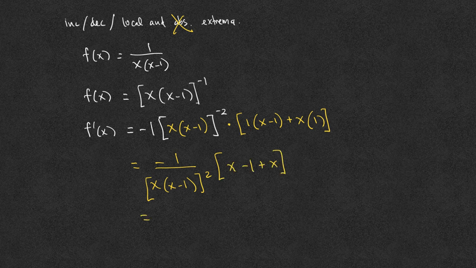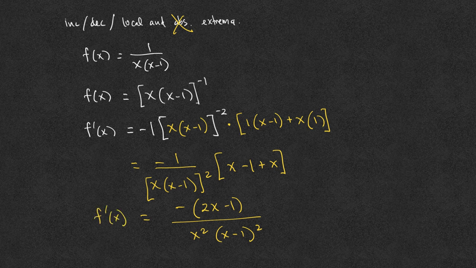And this is negative, x plus x is 2x, then minus 1, over x squared times (x minus 1) squared. This is f prime of x.